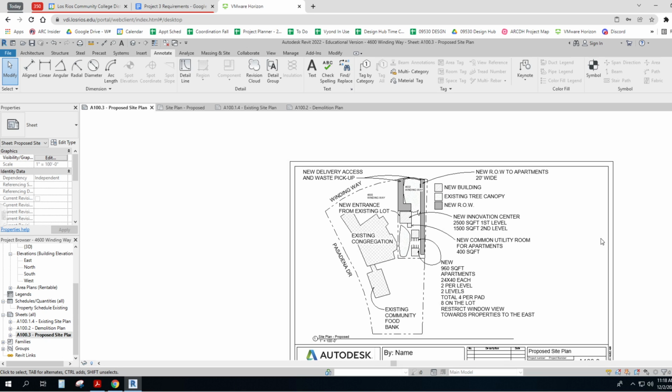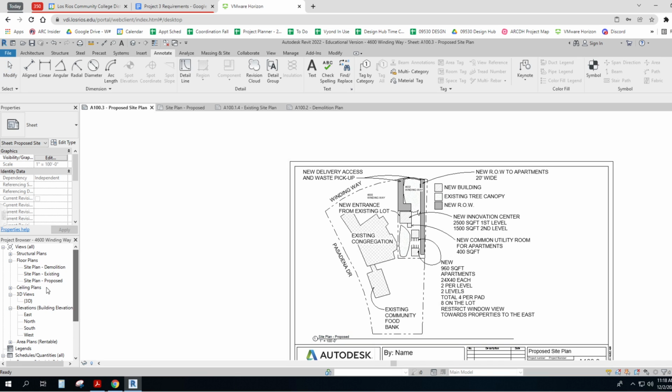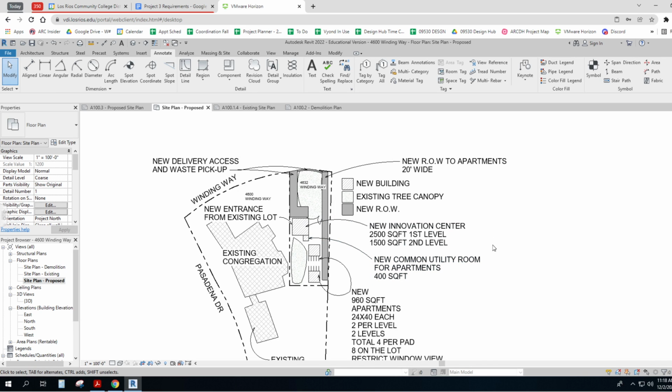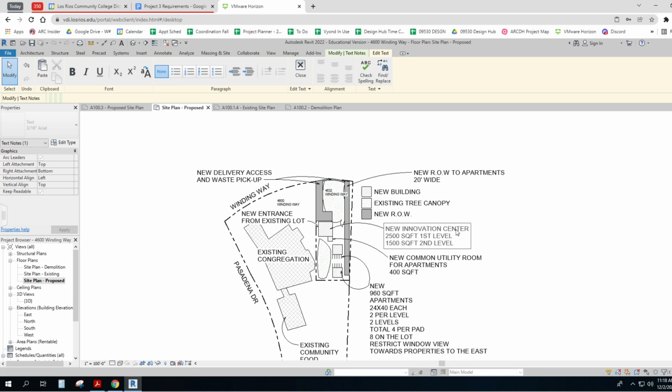Yep. Perfect. Now you could, if you wanted to, mention here something like flexible space design.